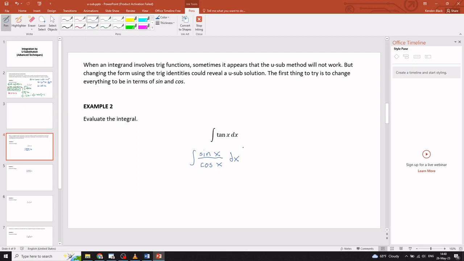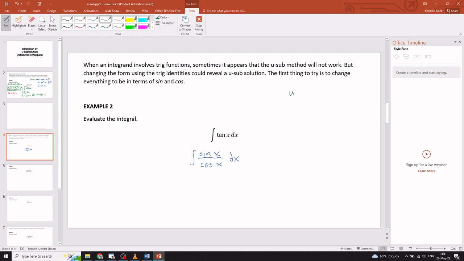On the other hand, if we make our u cosine x, then our du would be negative sine x dx. And that lines up except for the negative sign, but a negative sign is just multiplying by -1. It's just a constant. And remember, we can manipulate the constant however we want. We can just pull the negative sign outside of the integration symbol. So let's do it that way.